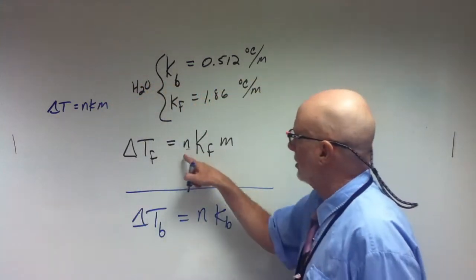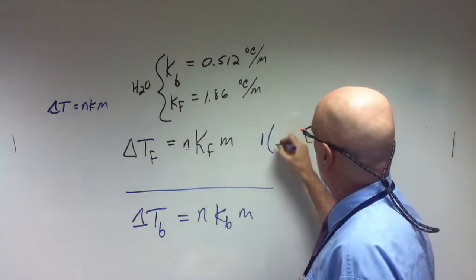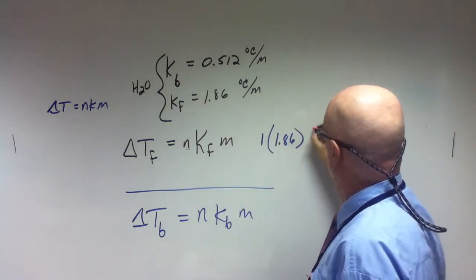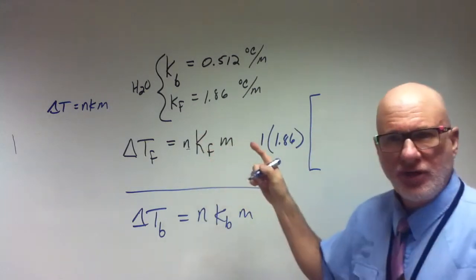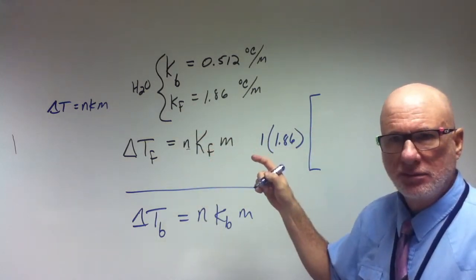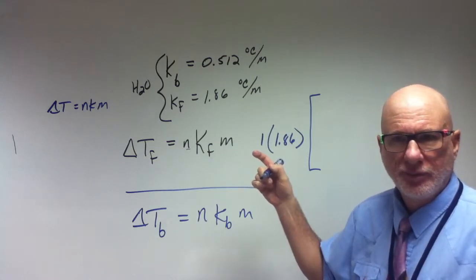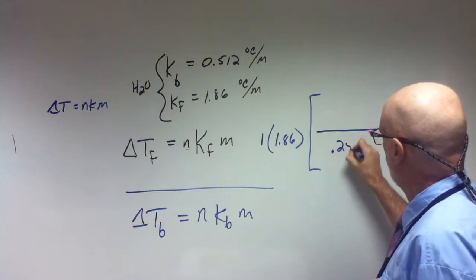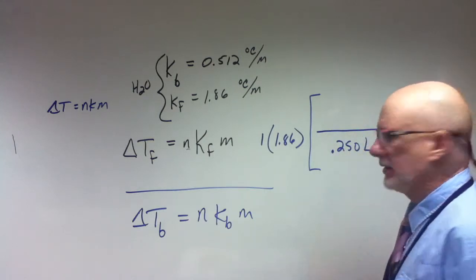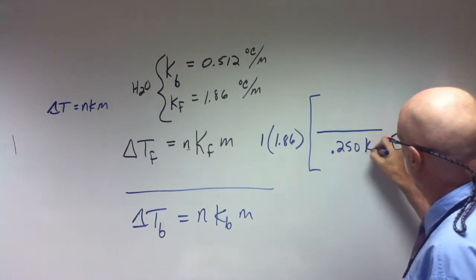So for freezing point, K is 1.86, and it's 250 grams of urea? Is that correct, or 250 grams of water? What's the problem? 250 grams of water, right? So 0.250 kilograms, because it's per kilogram, right?